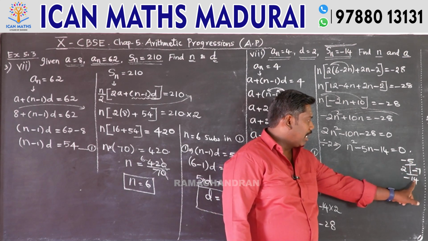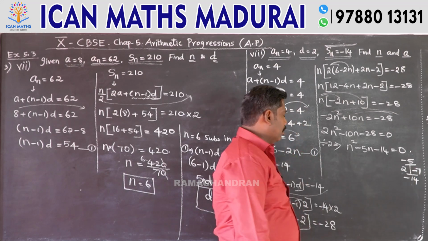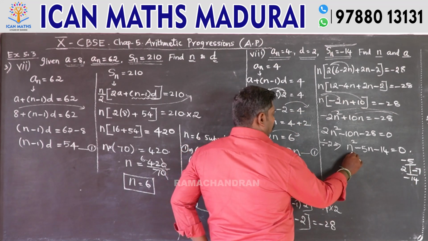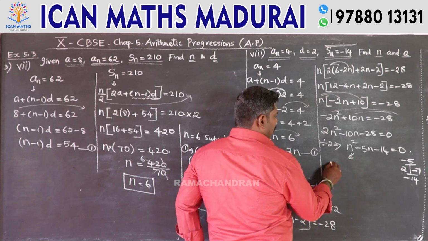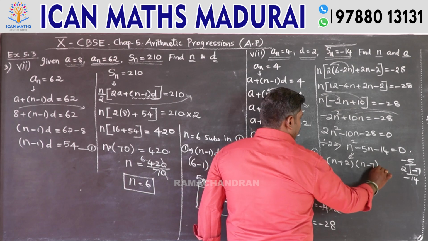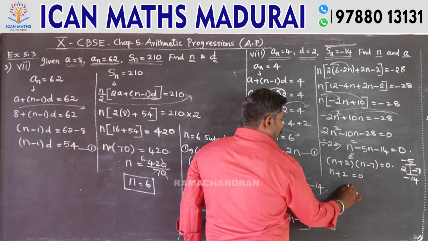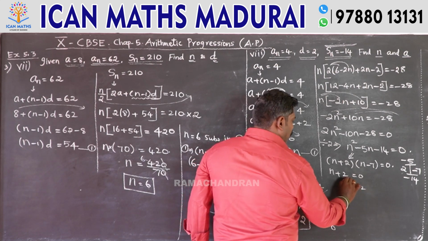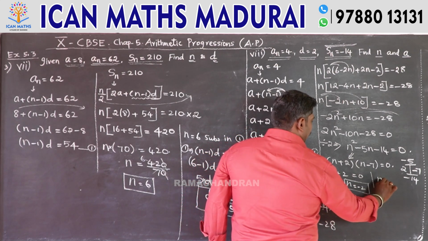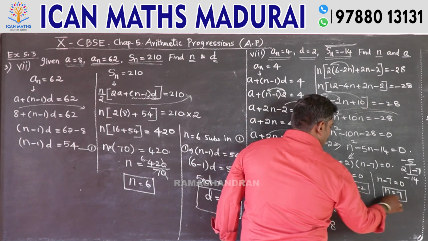If we multiply, we will get minus 14. So by using the factorization, we'll have 2 factors, (n plus 2) and (n minus 7) equal to 0. n plus 2 equal to 0, therefore n is equal to minus 2. Like that, n minus 7 equal to 0, therefore n is equal to plus 7.